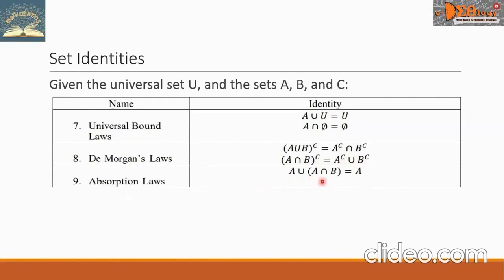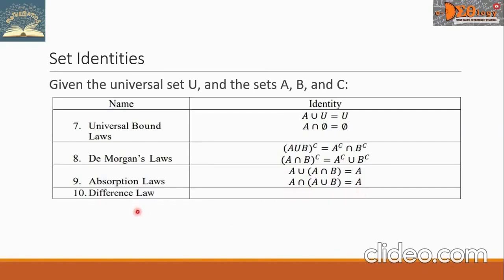A union (A intersect B) equals A. A intersect (A union B) equals A. Number 10 is the difference law. It says A minus B equals A intersect the complement of B.